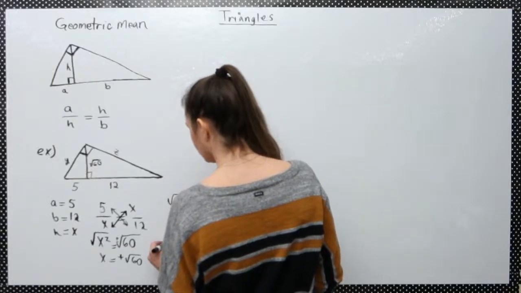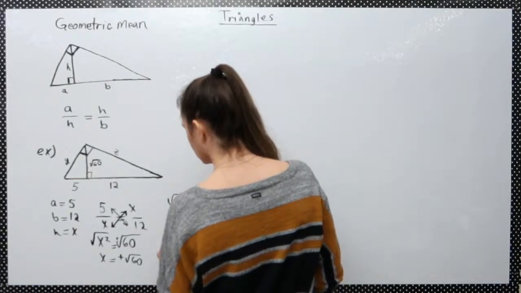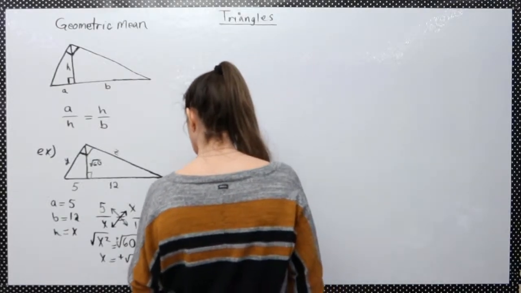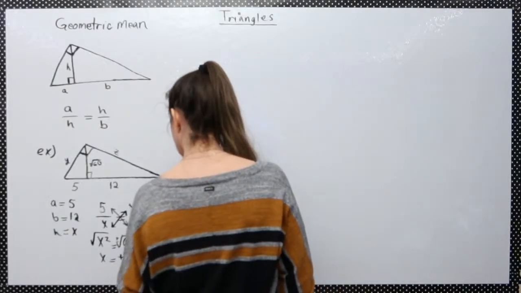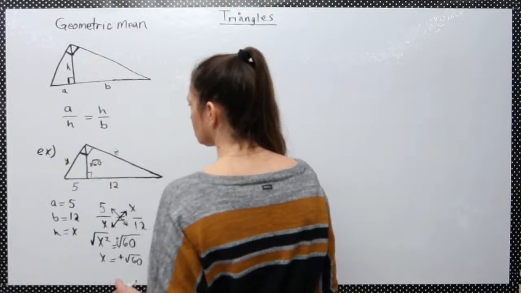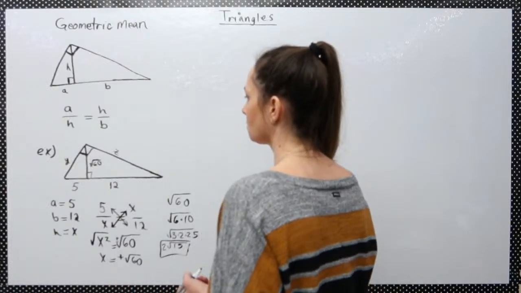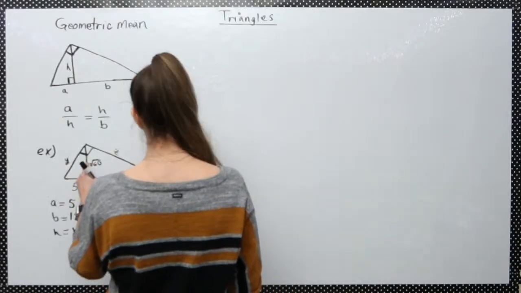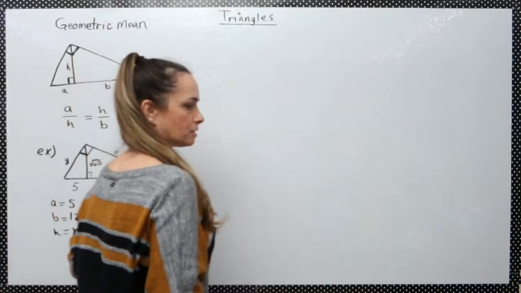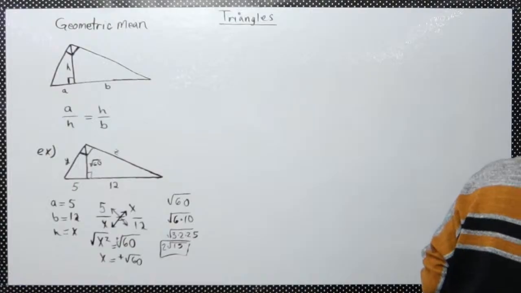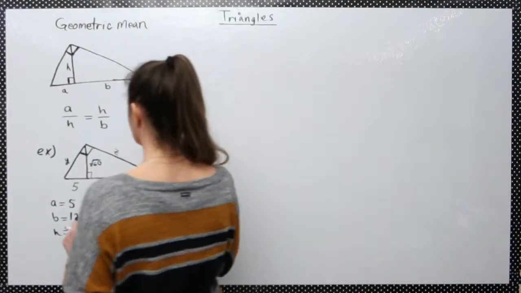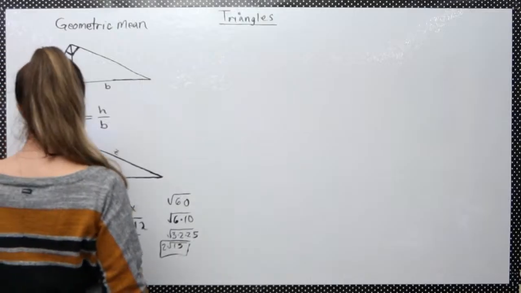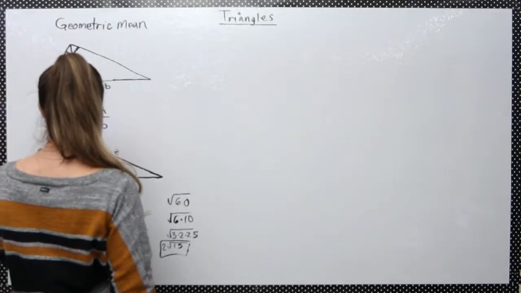So really I'm just pulling out 2 radical 15 for x. And then we've got x, and I'm going to replace that. Where's my good eraser? Well, it's 2 radical 15.